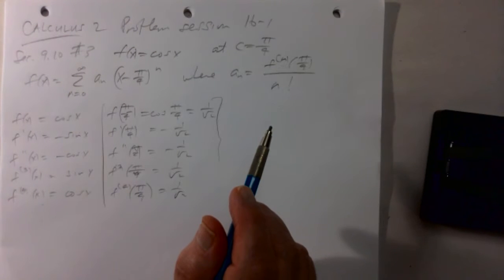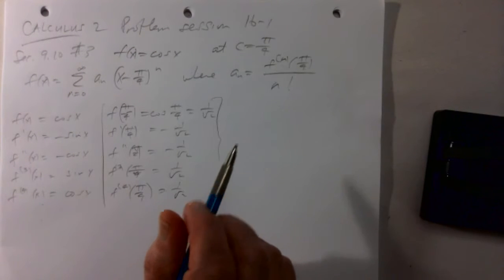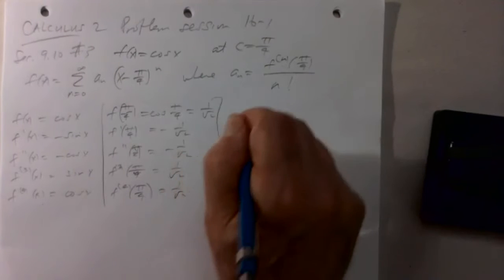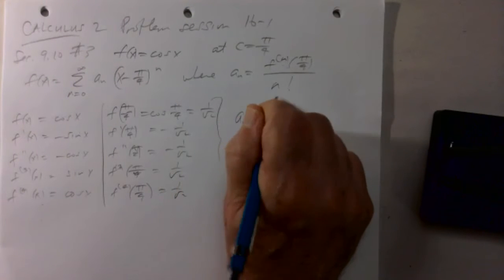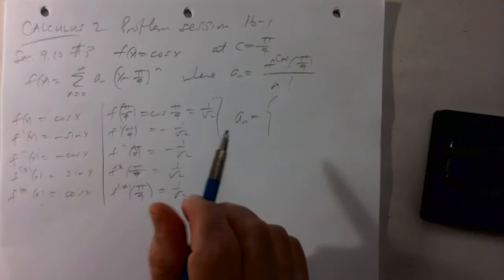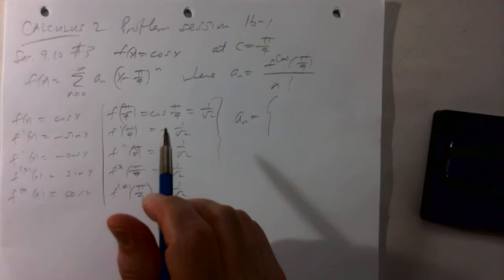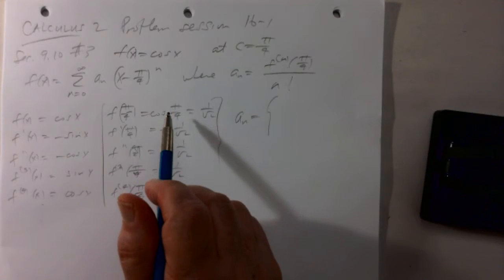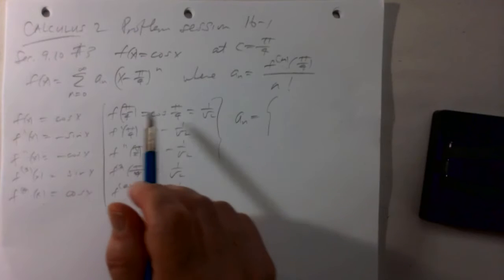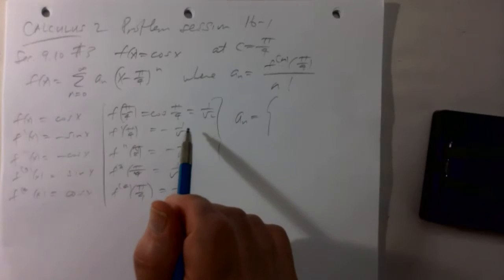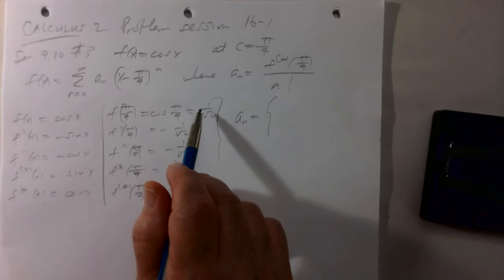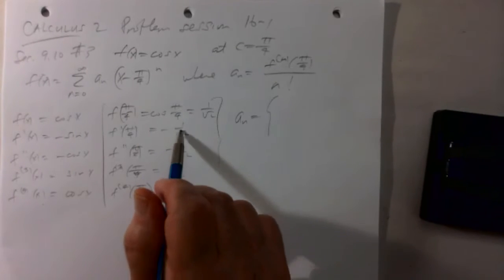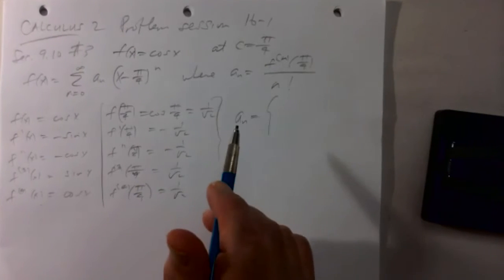So what we have is that, what is a sub n equal to? Well, it depends on whether n is a multiple of 4. See, these numbers are all plus or minus 1 over root 2. It's plus, minus, minus, plus.